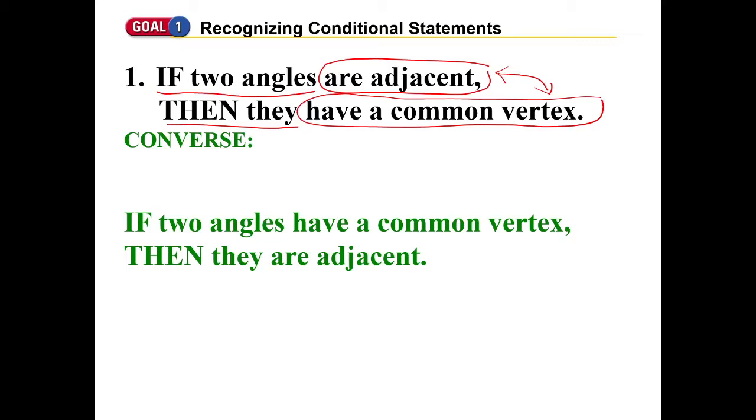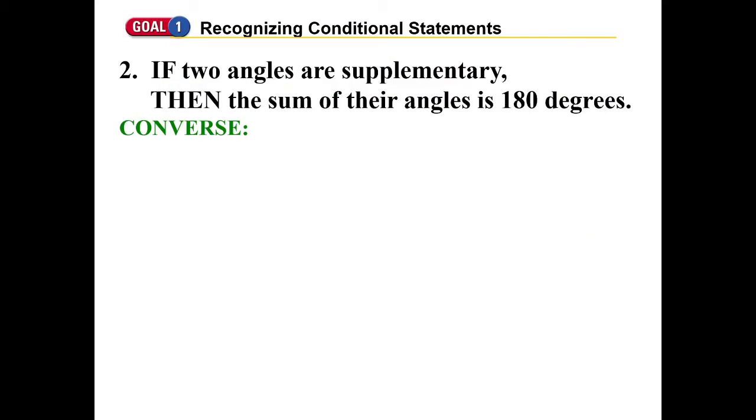So our answer will be, if two angles have a common vertex. You have noticed now, our conclusion becomes the hypothesis. Then they are adjacent. Adjacent here is the hypothesis, it becomes the conclusion. Is our second example clear? Yes, sir. Okay, let's have more examples.